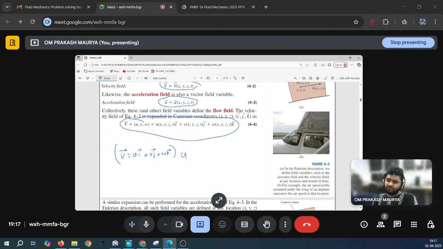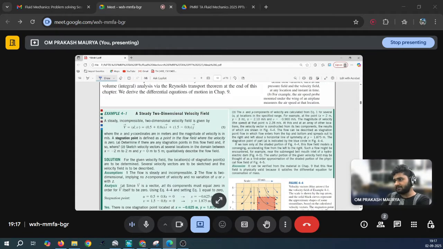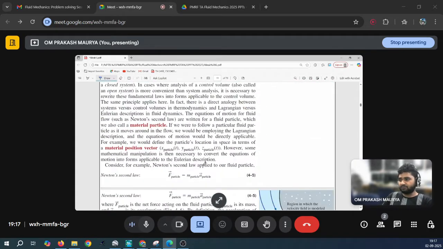First you calculate u, then v, then w, and then you write the vector. Let us suppose you get 10, 2, and minus 3, so 10i plus 2j minus 3k. This will be the final answer. Like that I'll solve the problems. Now let us move without any delay to the next question. I have put some examples here, so you can go through them also.